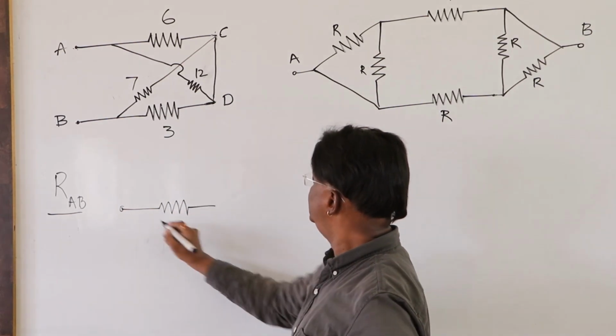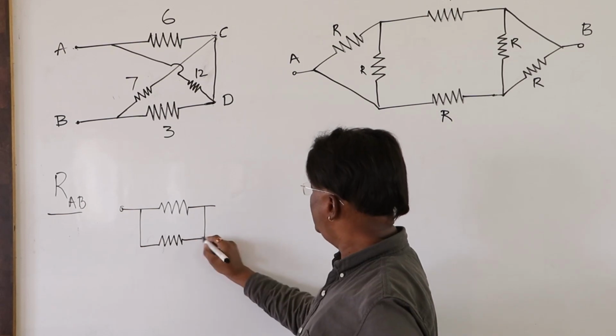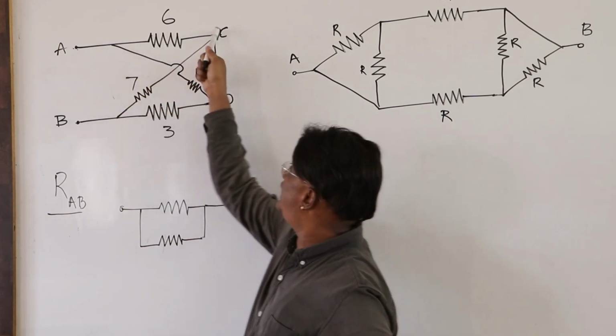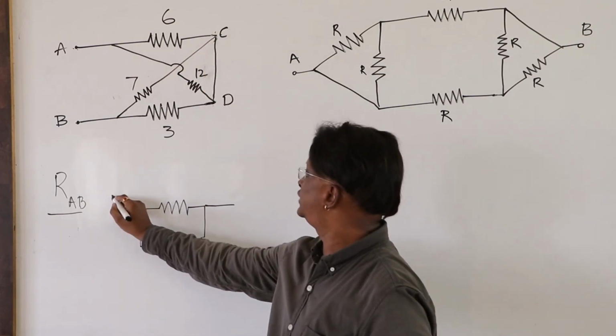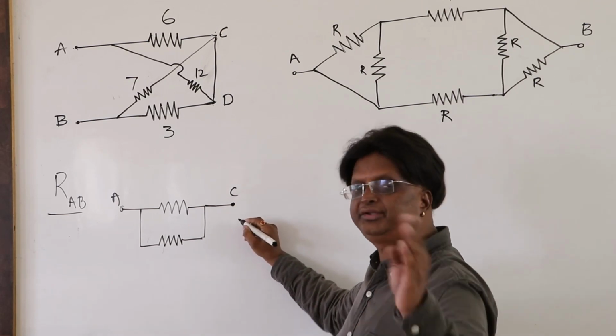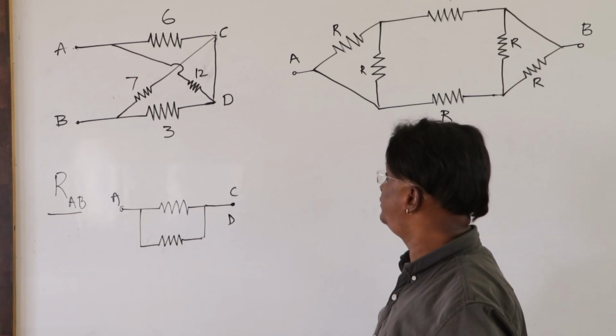I am rewriting, 6 ohms and 12 ohms are in parallel, because these are connected between A and C. So if I call this point A, this is C point, and this is nothing but D as well. There is no distinction between the C point and D point.